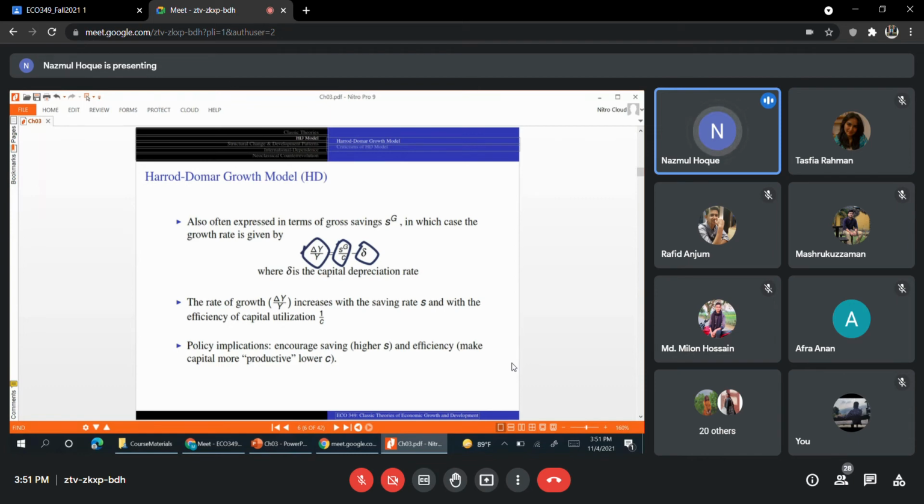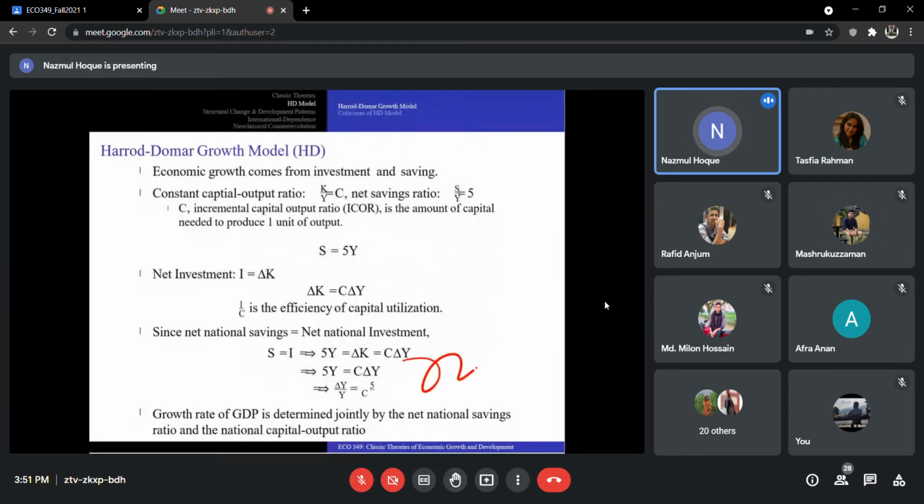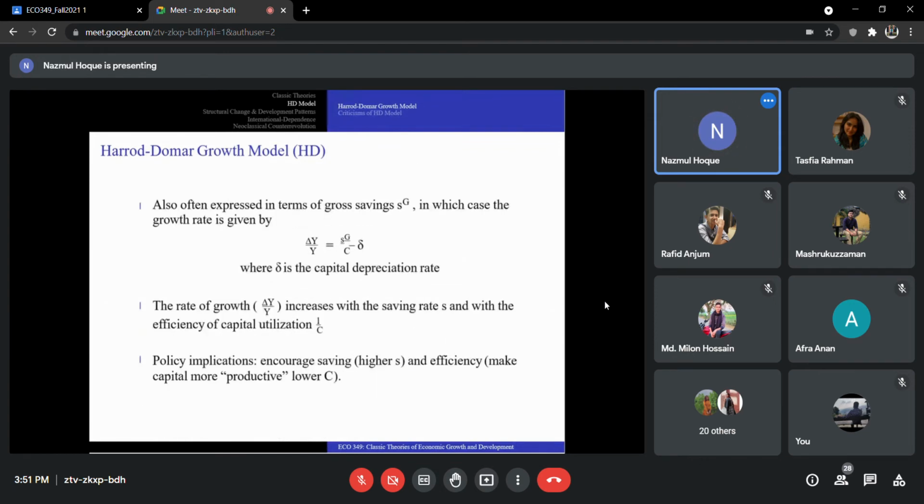Now, as you can see here, I cannot really erase that. Let me go back to the PowerPoint. So I can easily write here and I can erase whenever I want. It's convenient. Anyway, so this is basically the gross savings rate divided by C, minus delta.